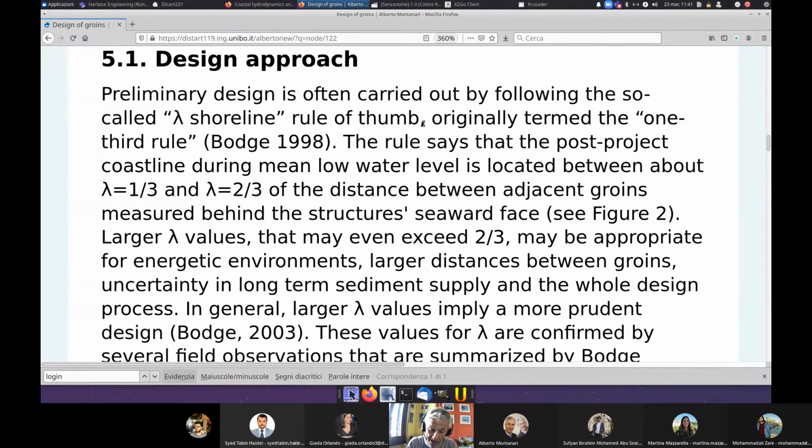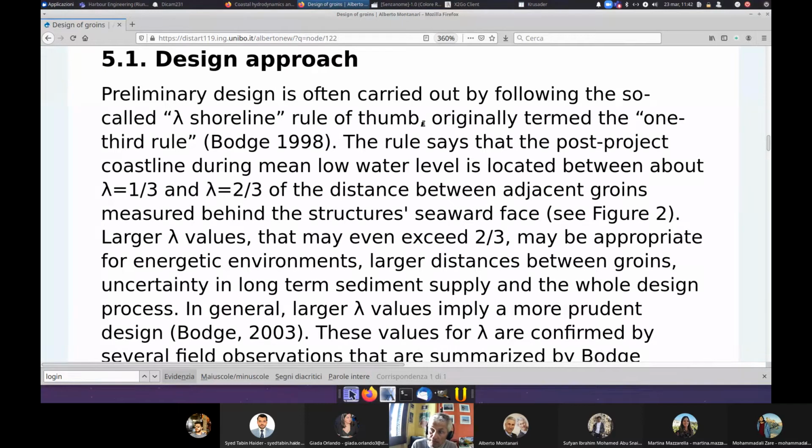And there might be alternatives in both the field of numerical modeling and small scale physical modeling. So if you want to get something that goes beyond these rules of thumb for the design of groins, for the design of protection structures for harbors, then you still have these two avenues.